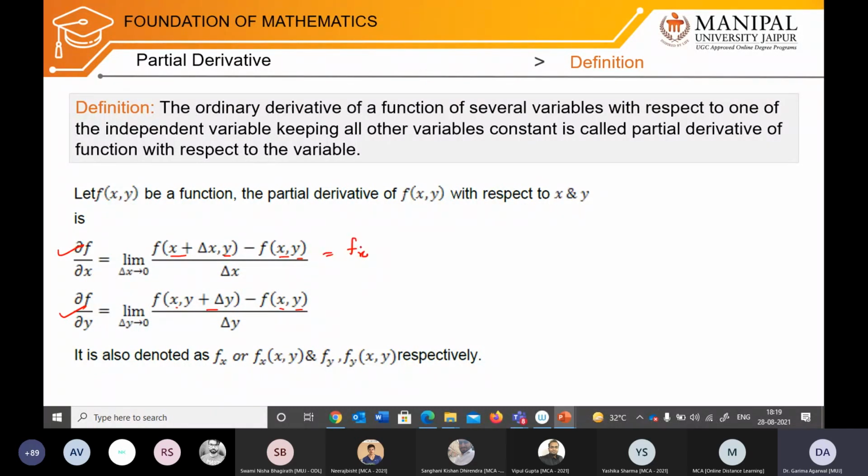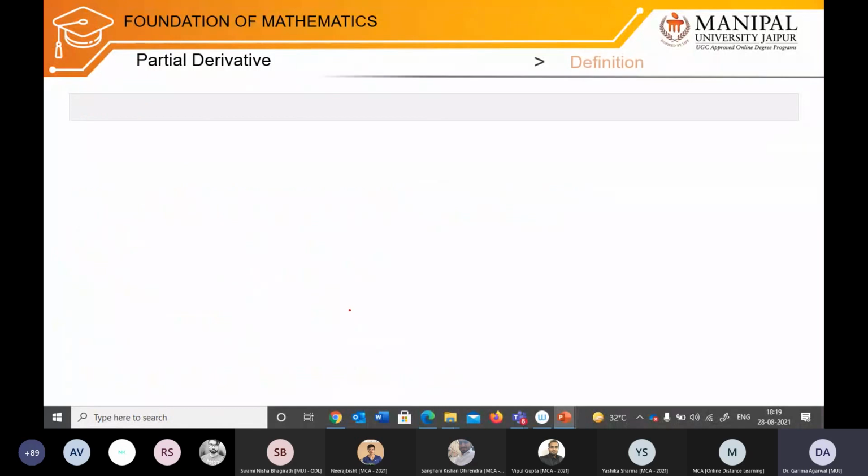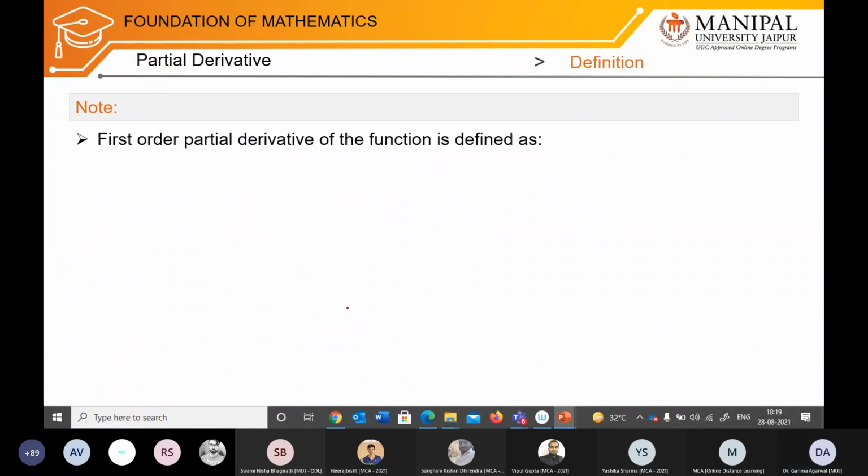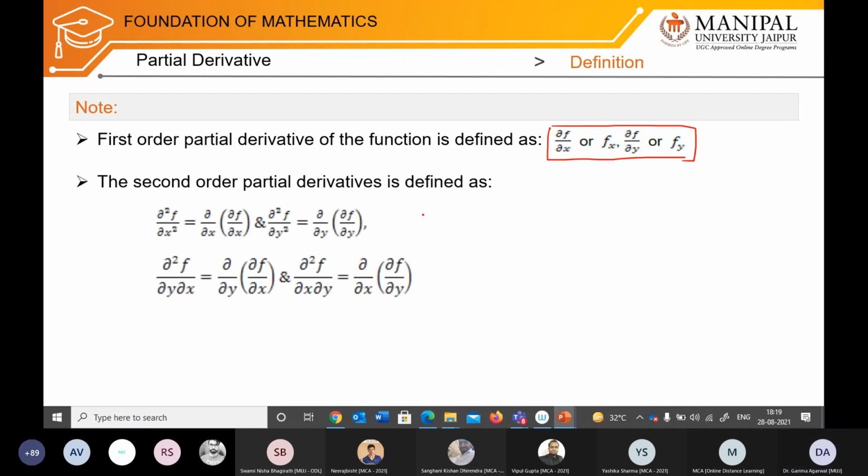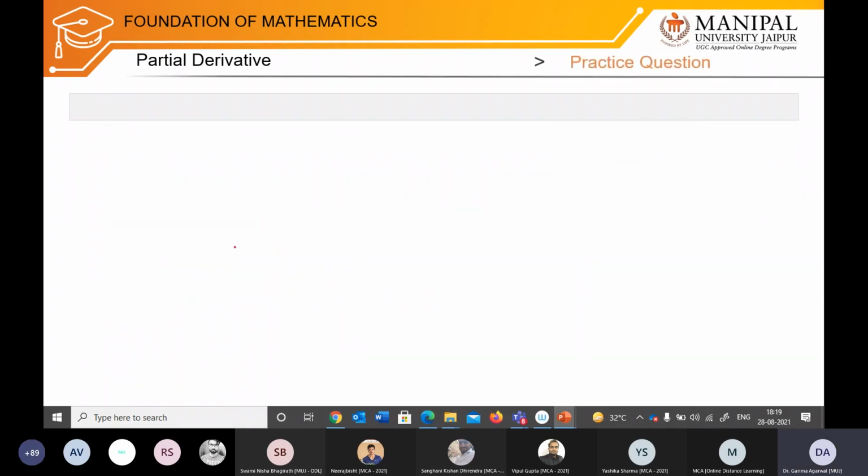This is partial differentiation of f with respect to x. That can be denoted by fy. This is partial derivative of f with respect to y. These are the first order partial derivatives of the function. Right. These are the second order partial derivatives of the function.